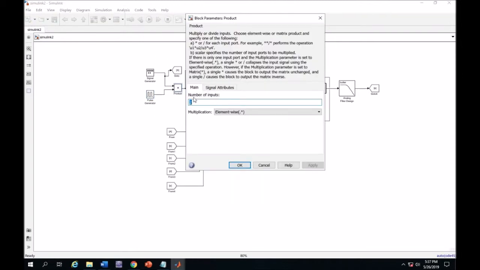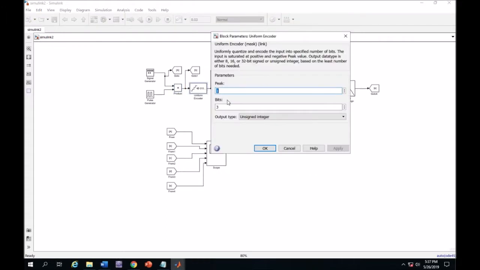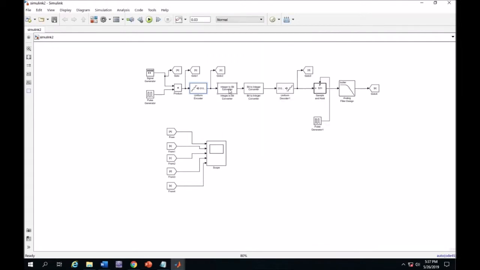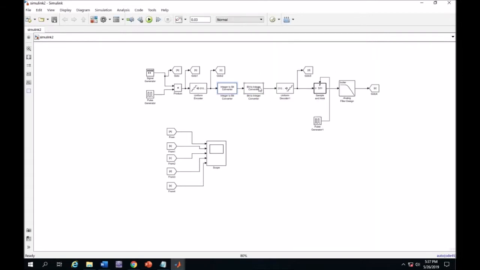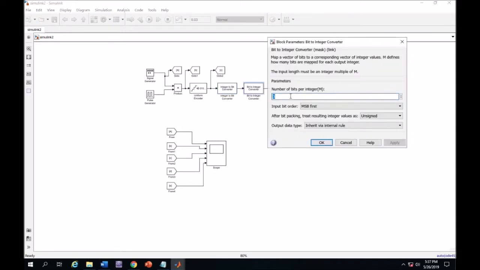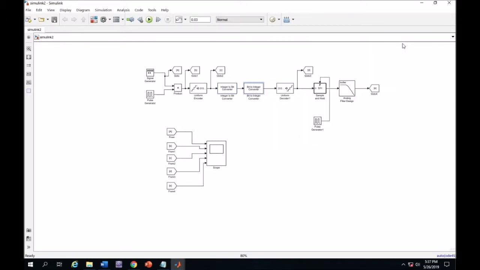For this we put the number of inputs as 2. The encoder peak is 1, bit is 3. Integer to bit converter is 3. Bit to integer converter also 3.